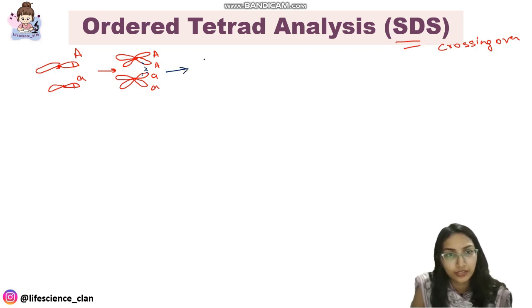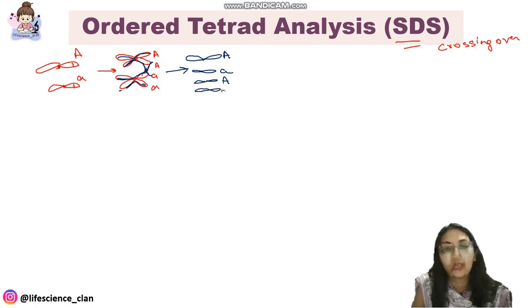So if there is crossing over, this arm will remain the same after your meiosis and it will remain as capital A. But in this case, there will be crossing over here downwards and you will get small e here. In this case, again, there's going to be crossing over and this is going to turn into capital A, and this one is going to remain the same as it is, small e.